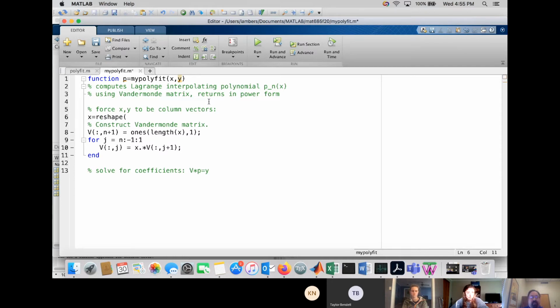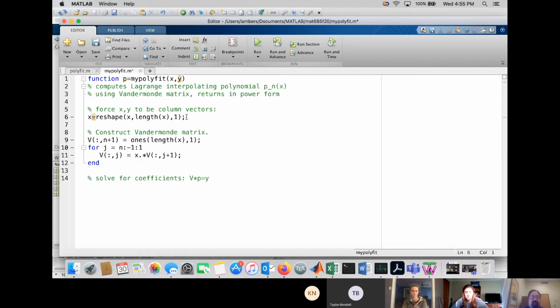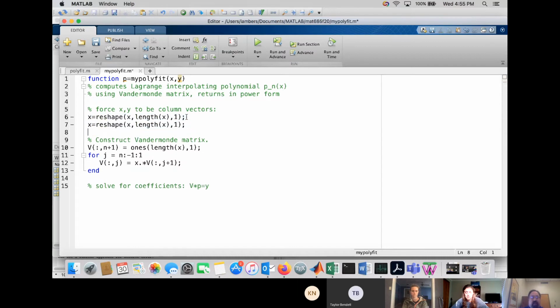I'm going to reshape x to have however many elements in x, that's how many rows. One column, that's a column vector. And I do the same thing for y, make it a column vector.